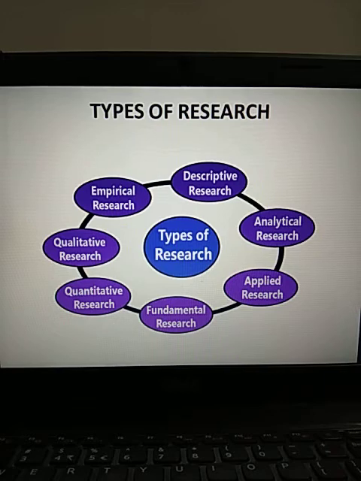Now we'll discuss what the various types of research are. Here 7 researches are there. Not only 7, there are more than 7 research varieties. All these variety types of research we are going to understand. Generally the categorization would be based upon the objectives and upon the methodology.